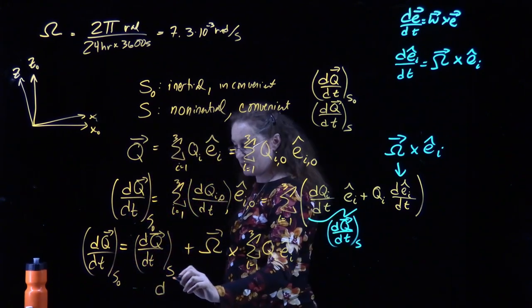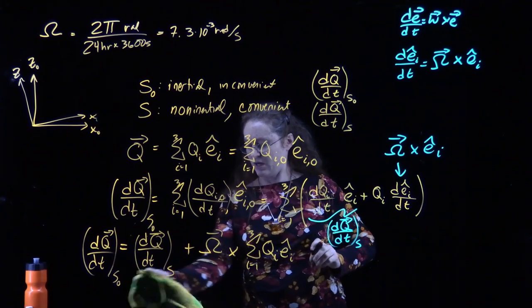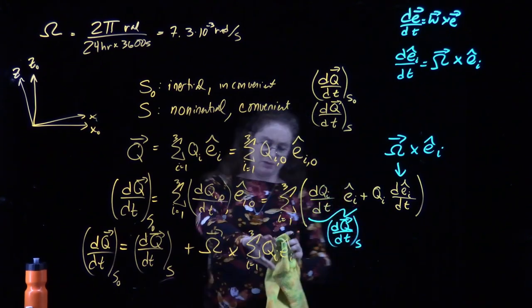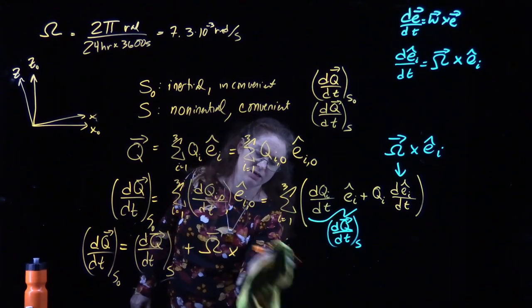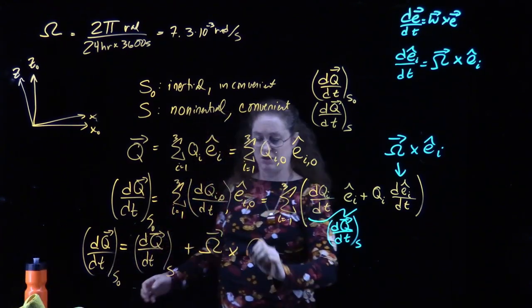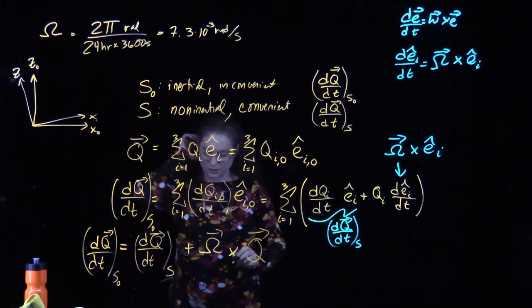All right, actually, how should I write this? I will go ahead and replace this. This is simply Q. So I can replace this by Q. So I want you to think about this.